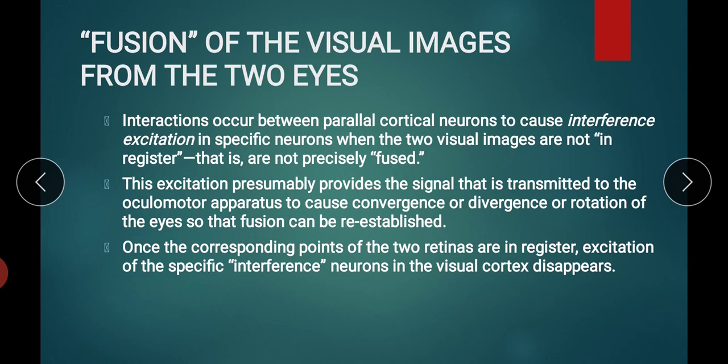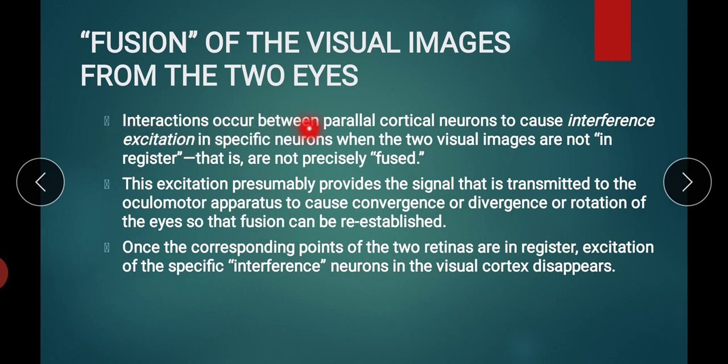From there, the fibers form the optic radiation and terminate in the visual cortex. In the visual cortex, they also terminate on parallel neurons, located parallel to each other in different columns. The fibers from the ipsilateral and contralateral eyes terminate on these parallel neurons, so there will be an interaction.